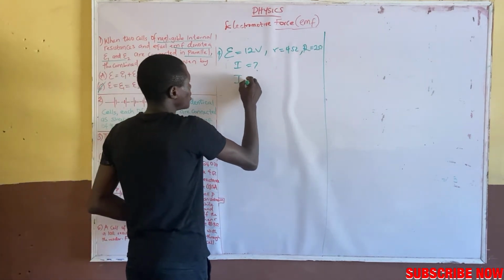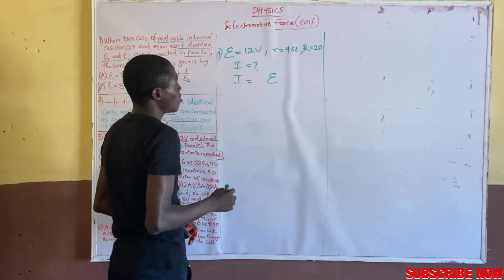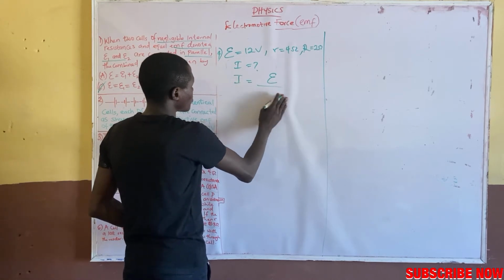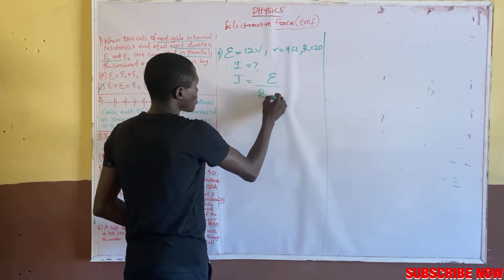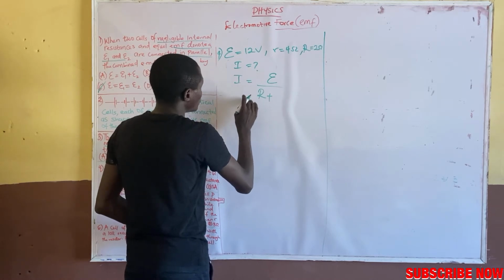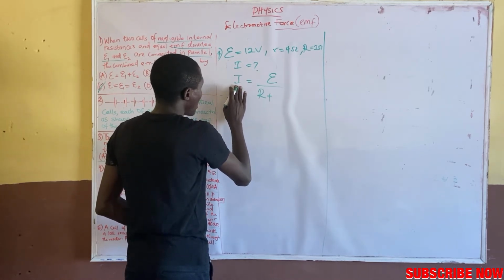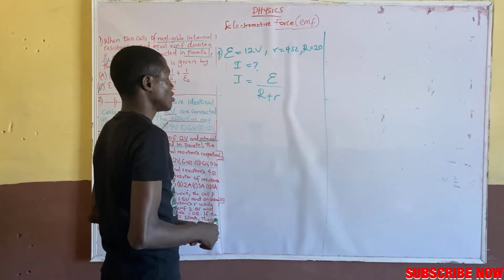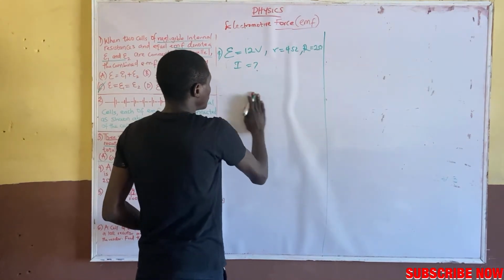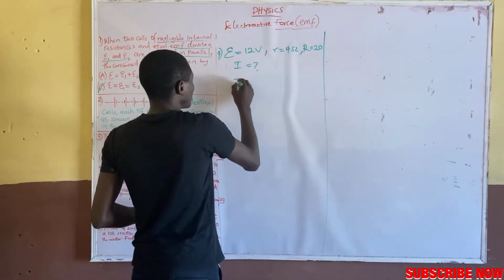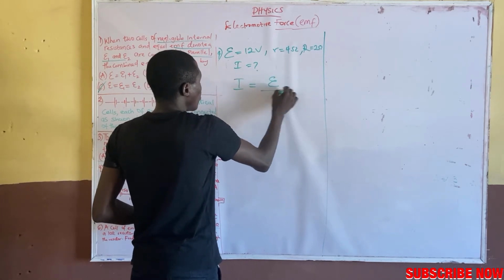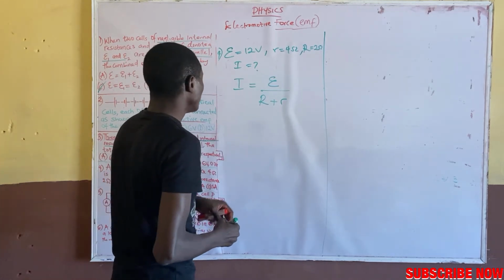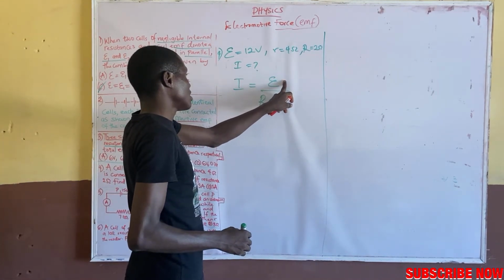So the current is just the EMF all over R plus r. I equals EMF all over external resistance plus internal resistance.